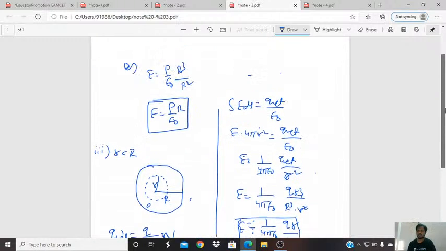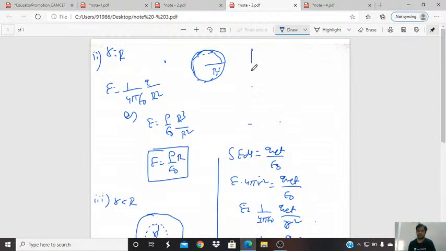That means if you draw a graph here, first of all, inside it is directly proportional to small r, so a straight line. At the surface, it is constant. And then outside, it is inversely proportional to r square.